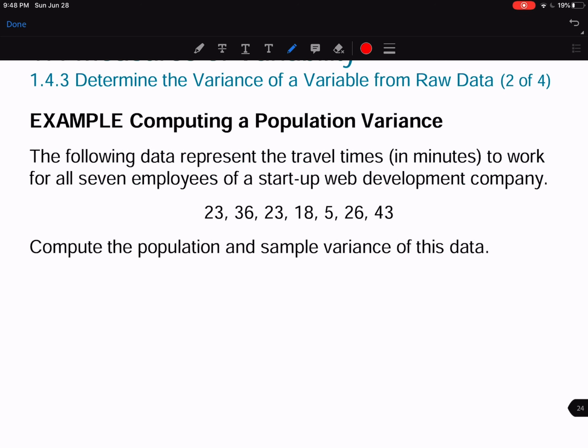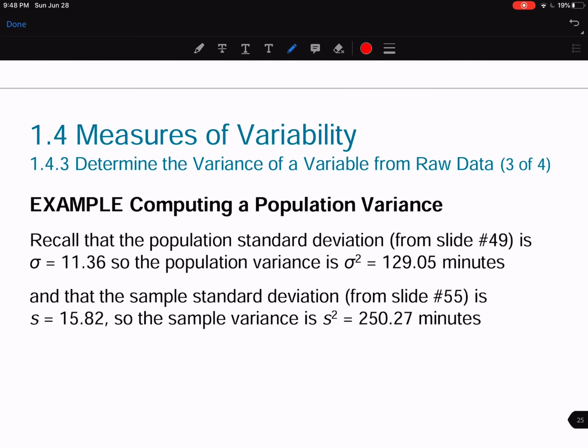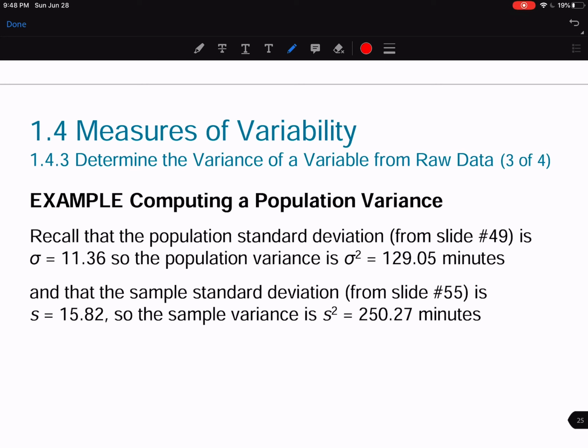Now let's take a look at the example here. This is the same example again. We have 7 numbers here, and we want to find both the population and sample variance of the data. Since in the previous slides we already got the population standard deviation and the sample standard deviation, to find the population variance we just need to square this number.